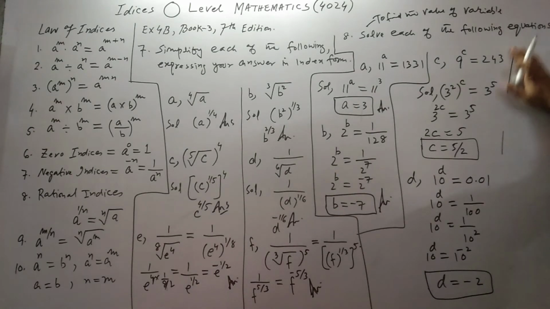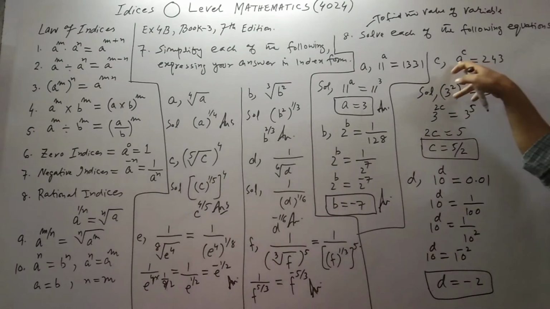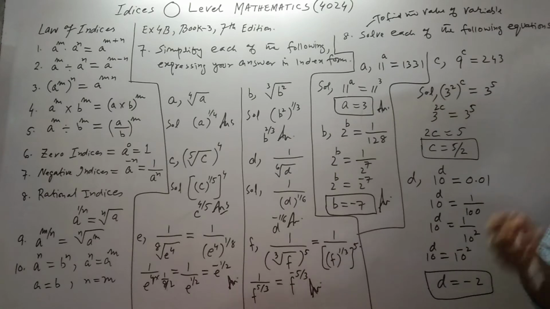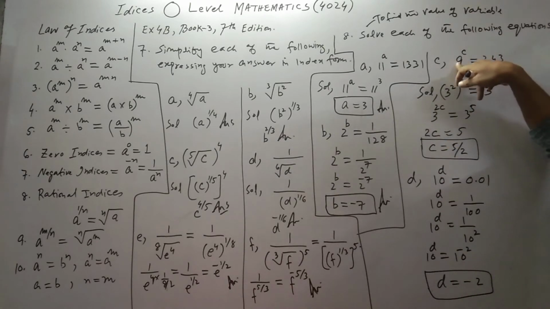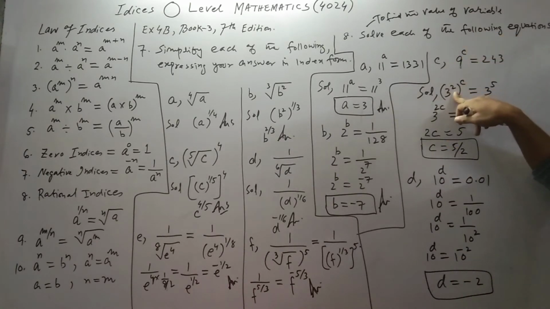So for this kind of case, we convert both numbers into the same base. How? 9 becomes 3 squared, C remains C. 243 becomes 3 to the power 5. Power to the power is always multiplied. 2 into C, 2C is equal to 3 to the power 5.